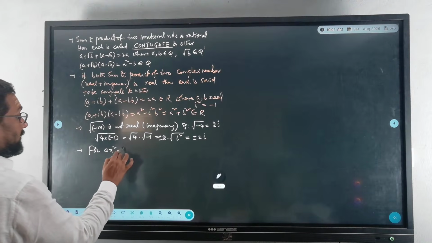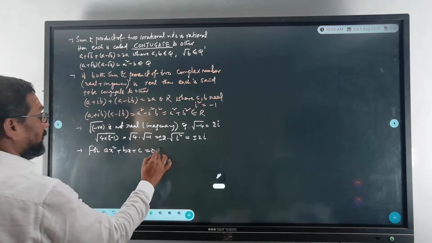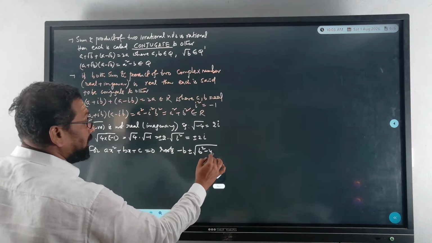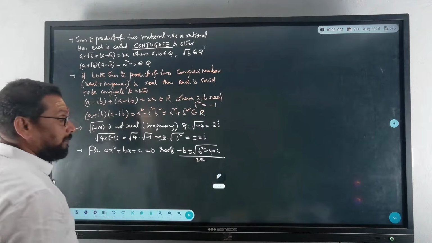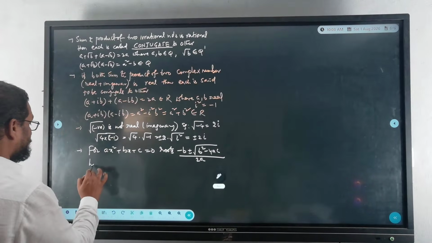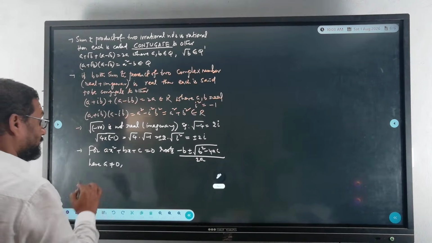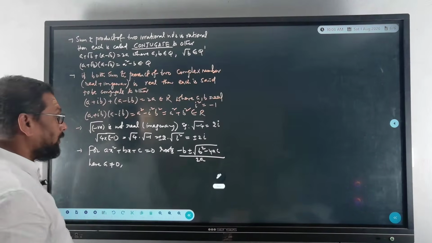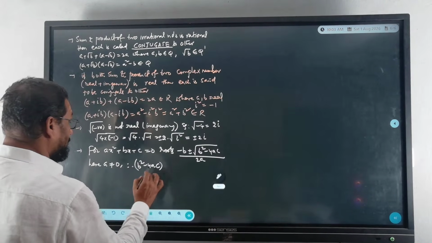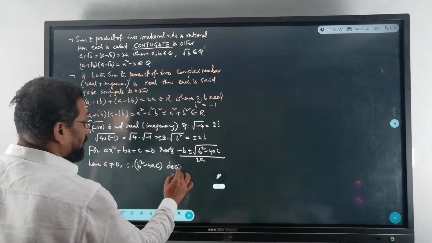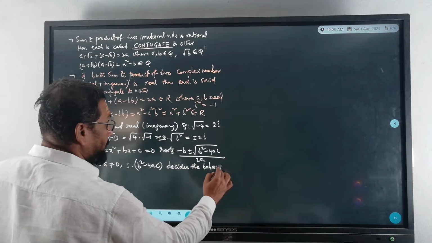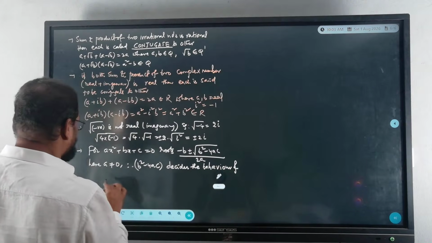For ax square plus bx plus c is equal to 0, roots are minus b plus or minus root over b square minus 4ac by 2a. Here a not equal to 0. Okay? So b square minus 4ac decides the behavior of roots.